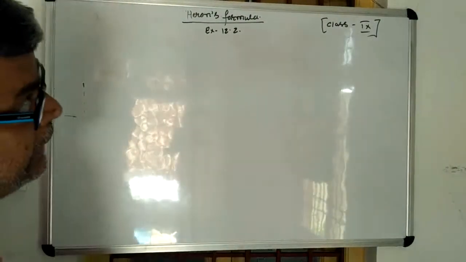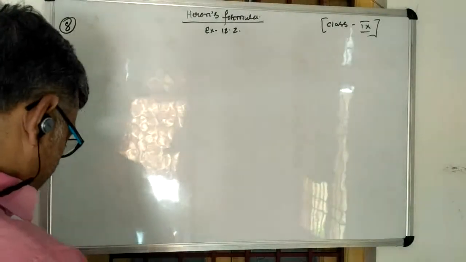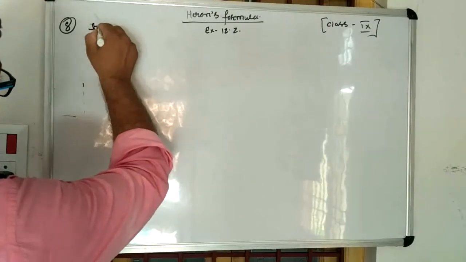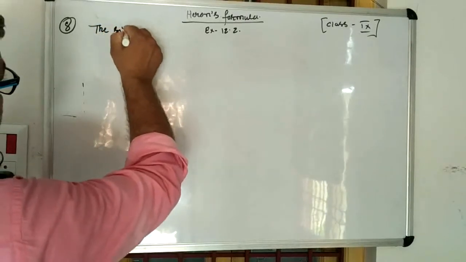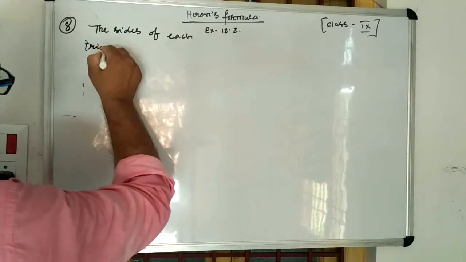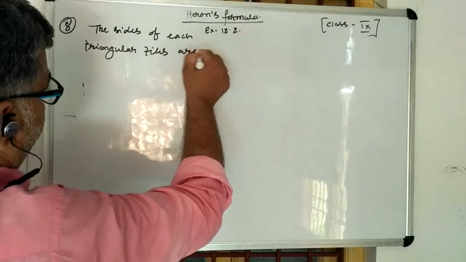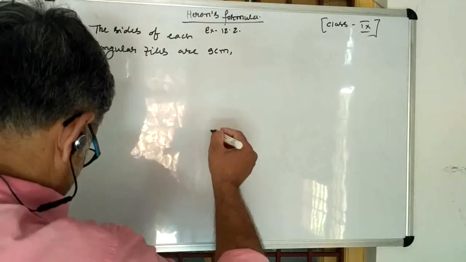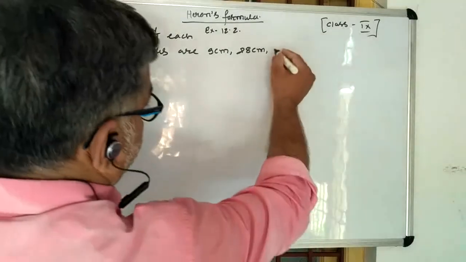Now children, in this question, first we write the sides of each triangular tile, which are 9 centimeter, 28 centimeter and 35 centimeter.